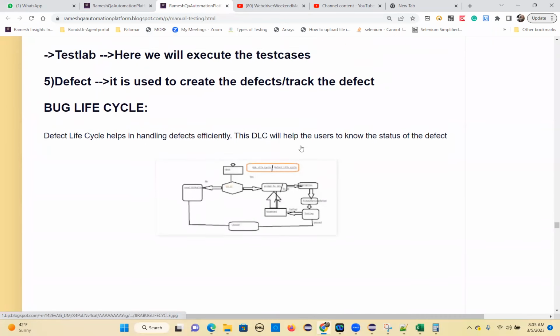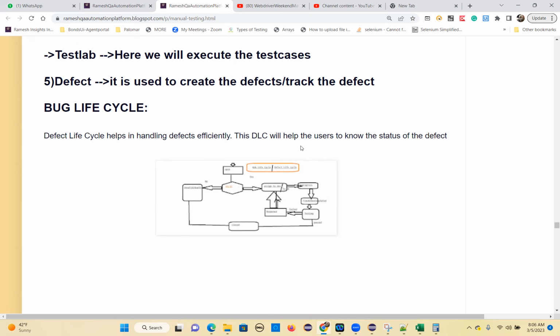Sir, who will give the priorities for the bugs? Everything is the tester. You should know how much damage that bug is causing, and you give your priority. Later the development team will decide and they may change it.